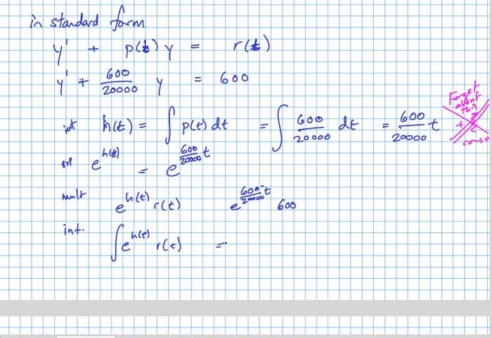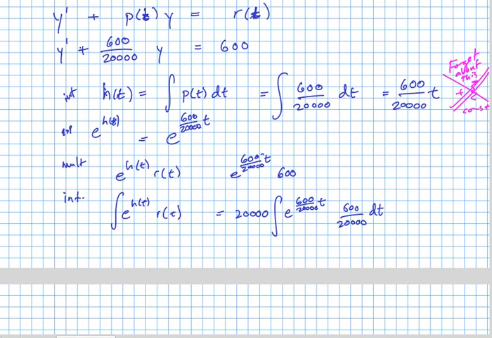And this is where we need to pull something out. We're going to pull out the 20,000 so that we've got an e to the 600 over 20,000 t times 600 over 20,000. And this is why I did not choose to simplify the 0.03, because you see the 20,000 is going to be part of the problem in the end, not the 0.03.